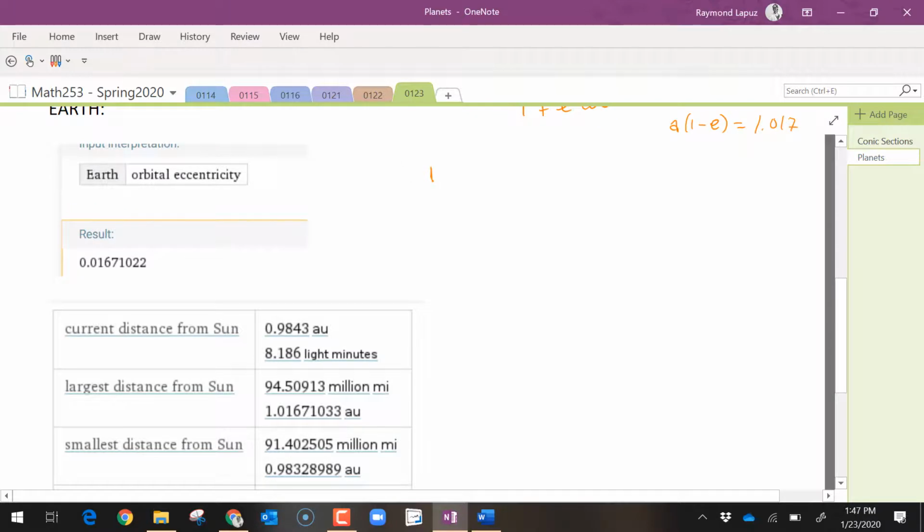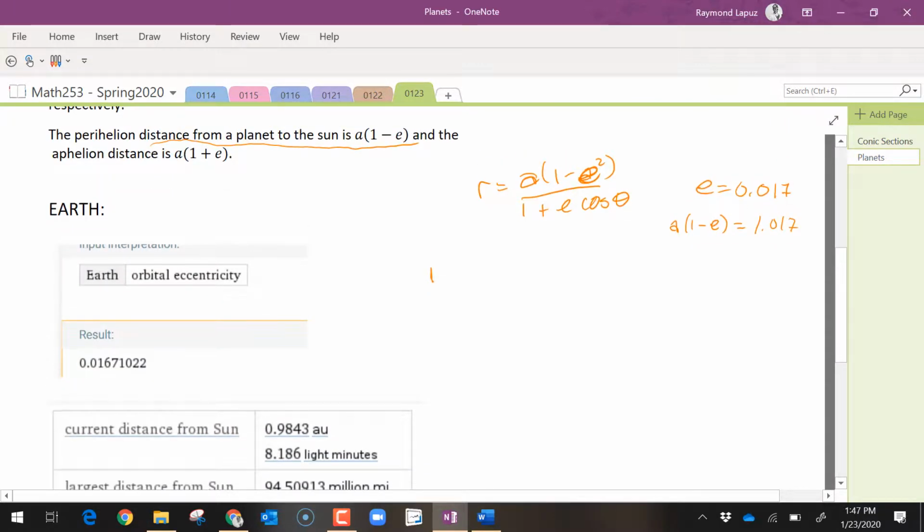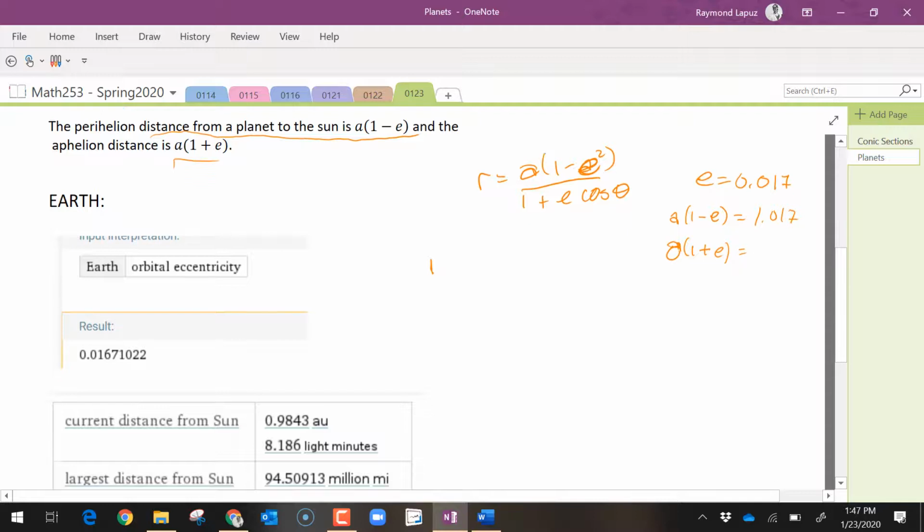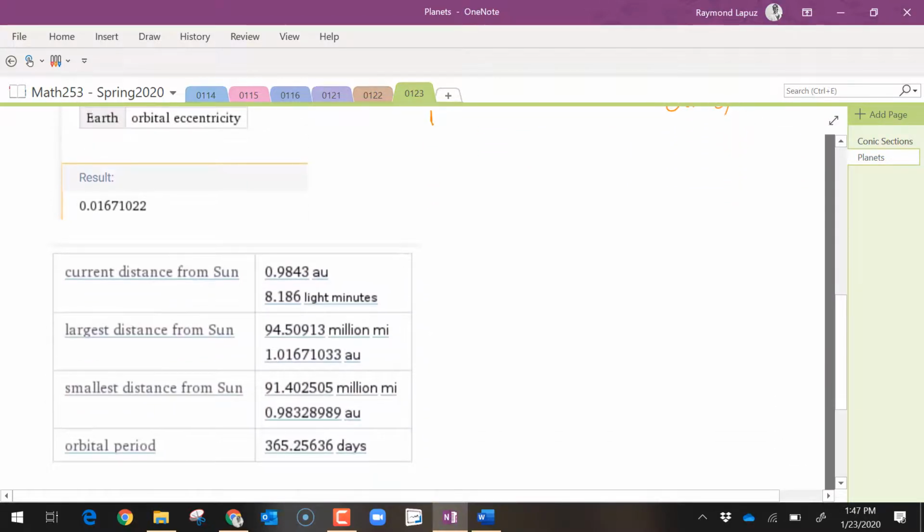And the aphelion, A times 1 plus E, is going to be, E is less than 1, for an ellipse E is less than 1.